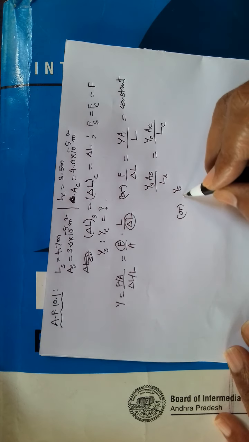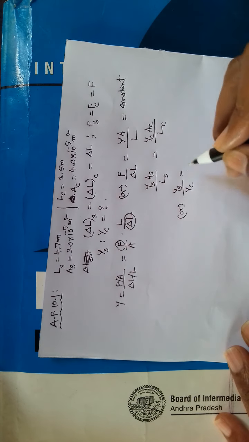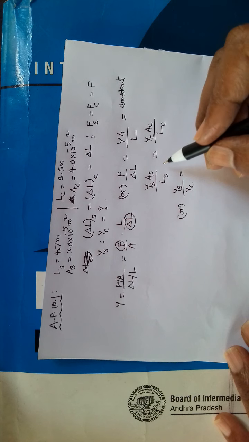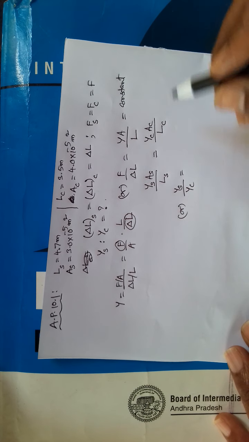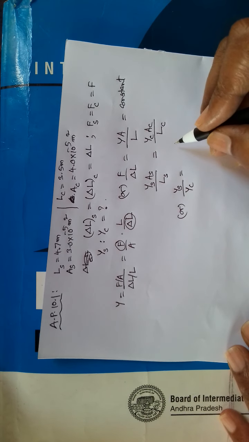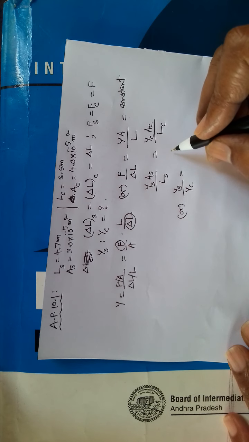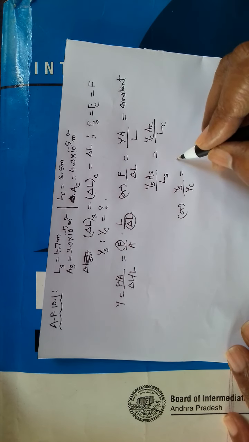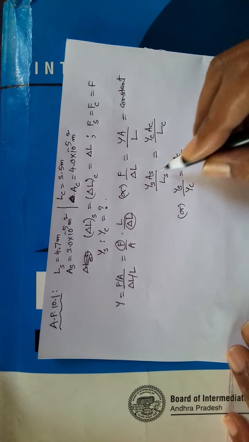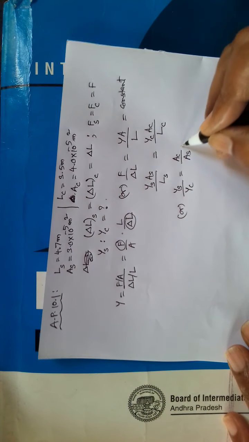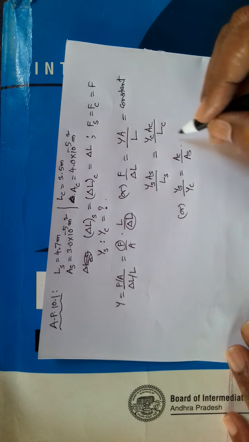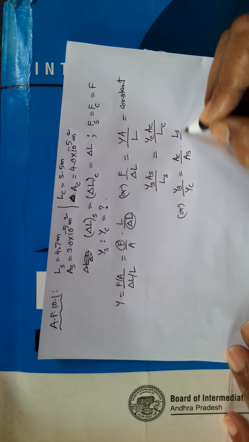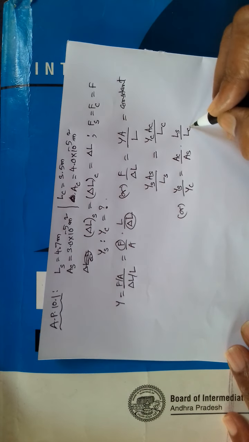Take this Yc to the left side, and now move the remaining to the right hand side. Now you get, see here Yc is not there, Ac is there by As, and this Lc goes to the numerator, Lc.